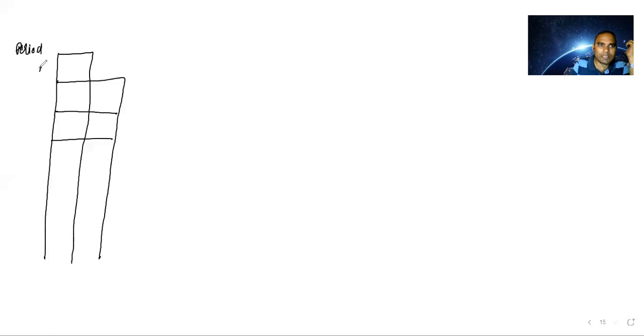Period means left to right, a horizontal row. Group means vertical column. So it is 1, this is 3, here is 4, this is going to be 5, next one is 6, another is 7.